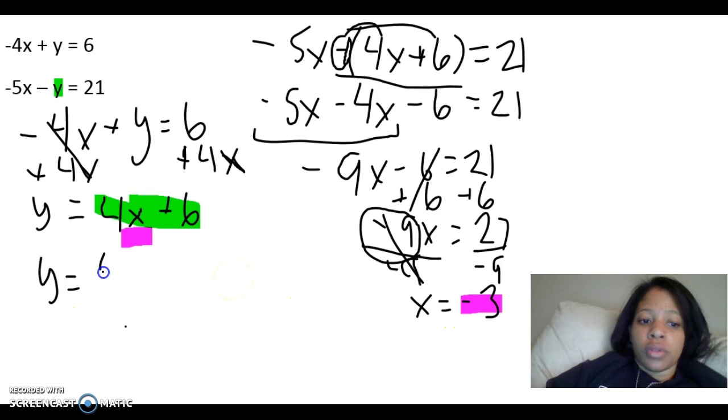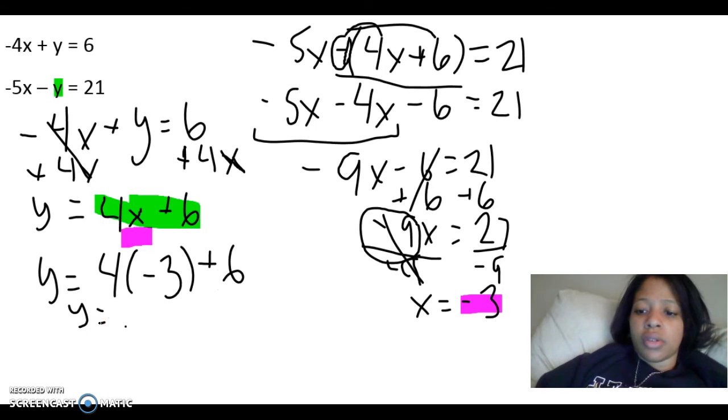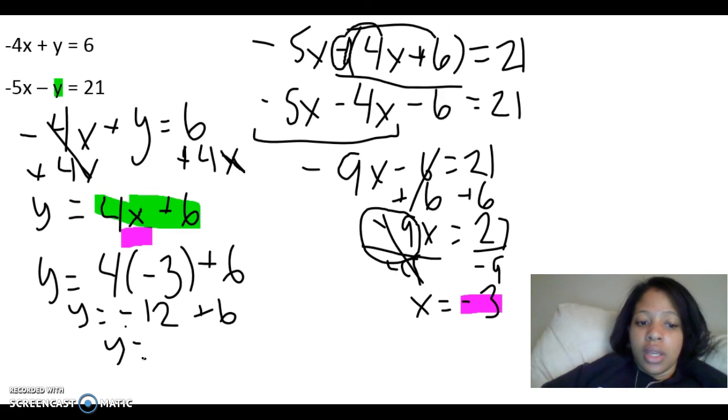So y equals 4, no x, but negative 3 plus 6. So now you're just simplifying. So 4 times negative 3 is negative 12, and then bring down the plus 6. So y equals negative 12 plus 6, which is negative 6.